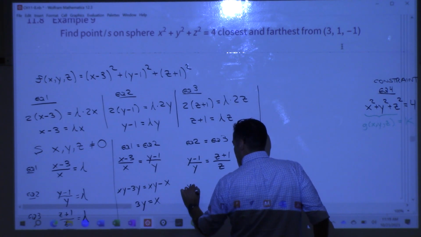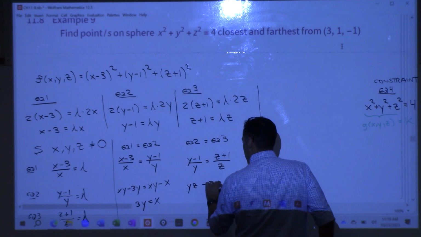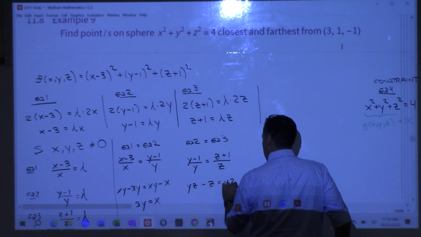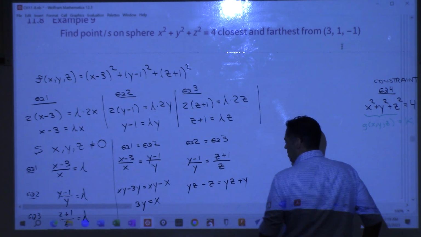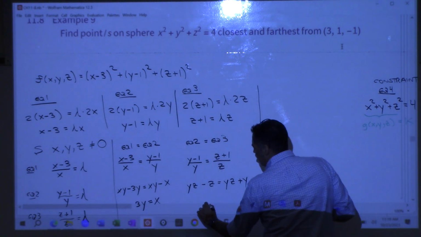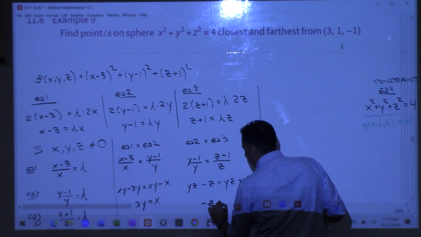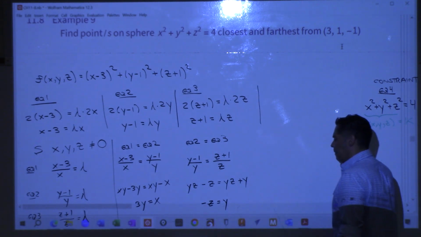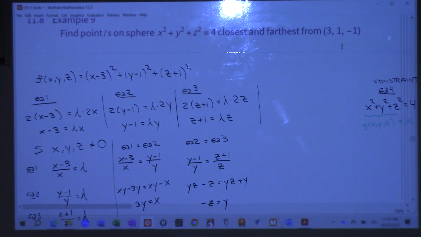We get yz minus z equals yz plus y. I think that same thing happens, doesn't it? But this time they're not both positive. You get negative z equals y. So now you have a relationship between y and z.